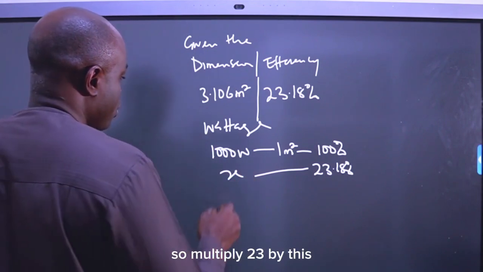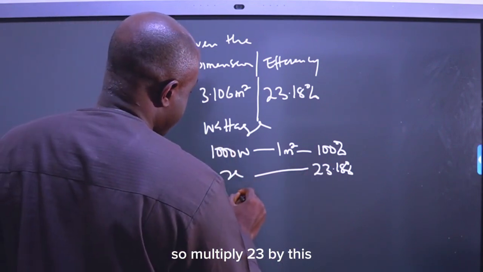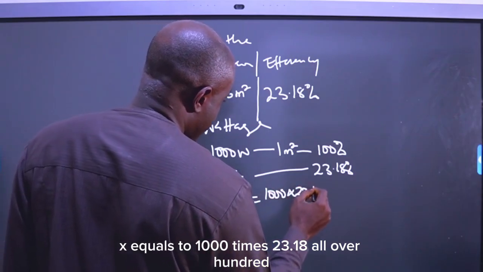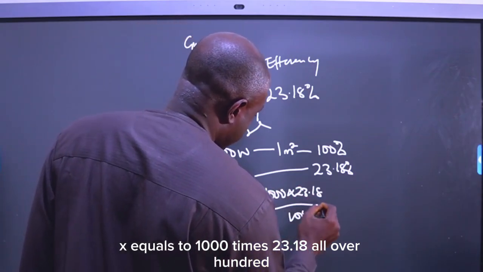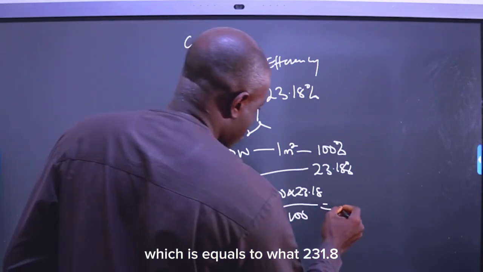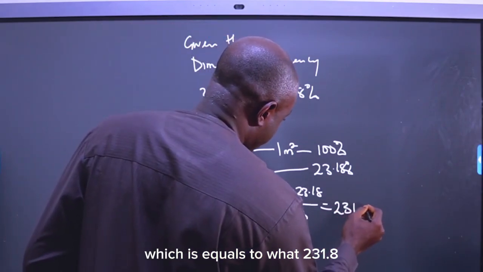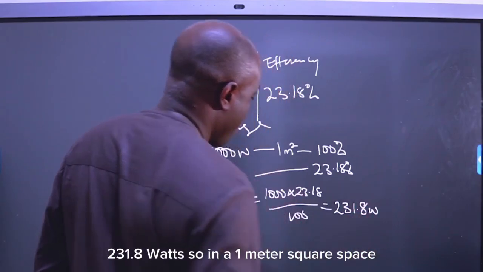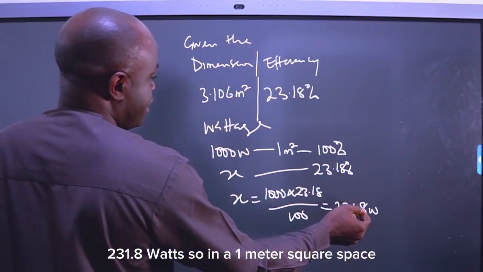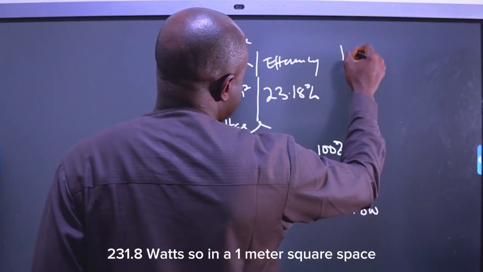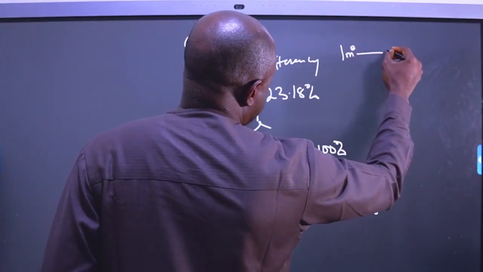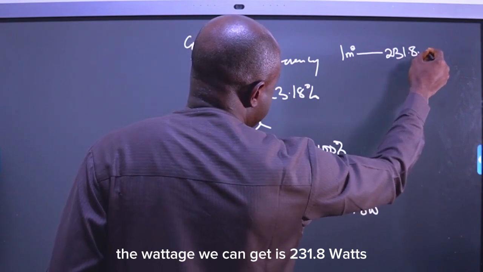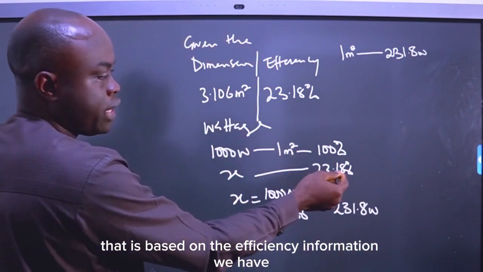X. So X equals 1000 times 23.18 all over 100, which is equal to 231.8 watts. So in a 1 meter square space, the wattage we can get is 231.8 watts. That is based on the efficiency information we have.